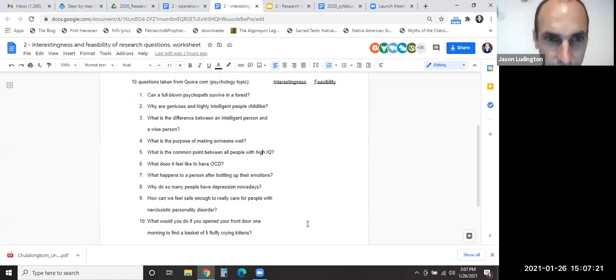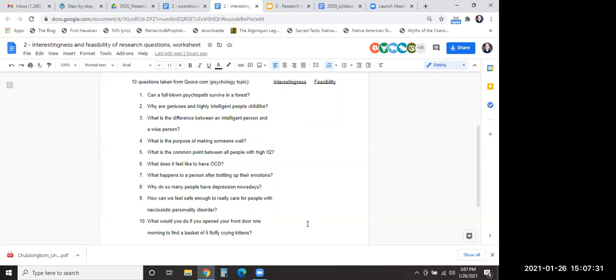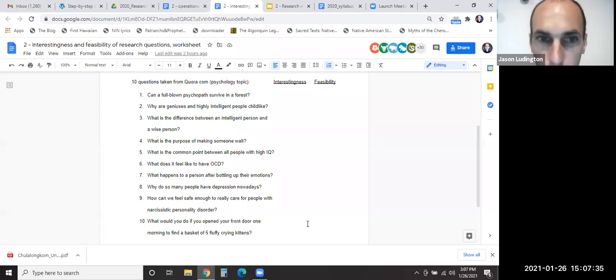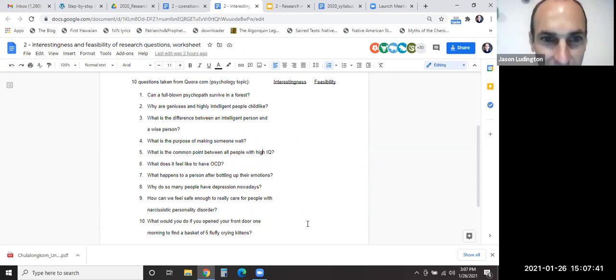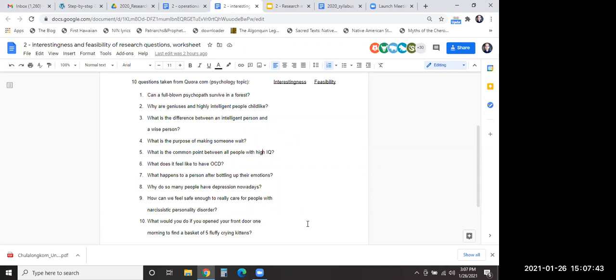Okay, number 5, common point between all people with high IQ. Is that interesting? For me, not really. I would give it a 2 or a 3. You could just say one common point is that they all have high IQ. There's a lot of things you need to consider to find a common point between them, and it might just end up as a big waste of time.